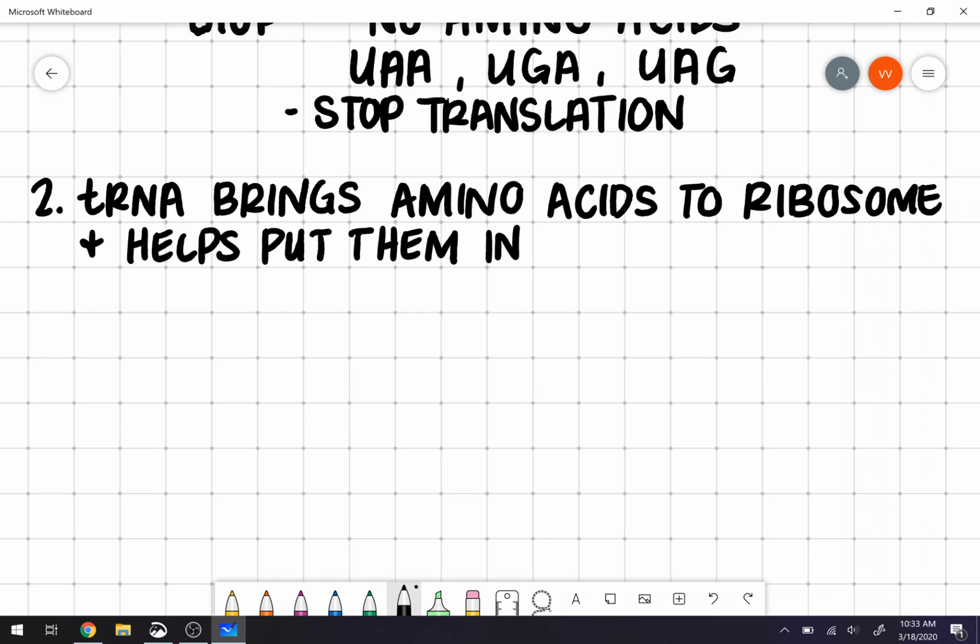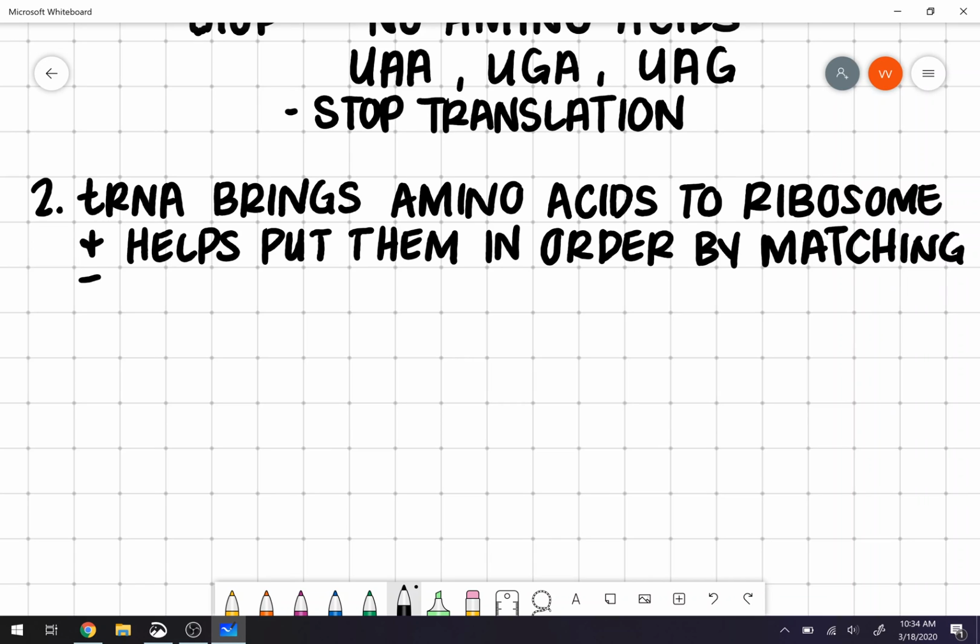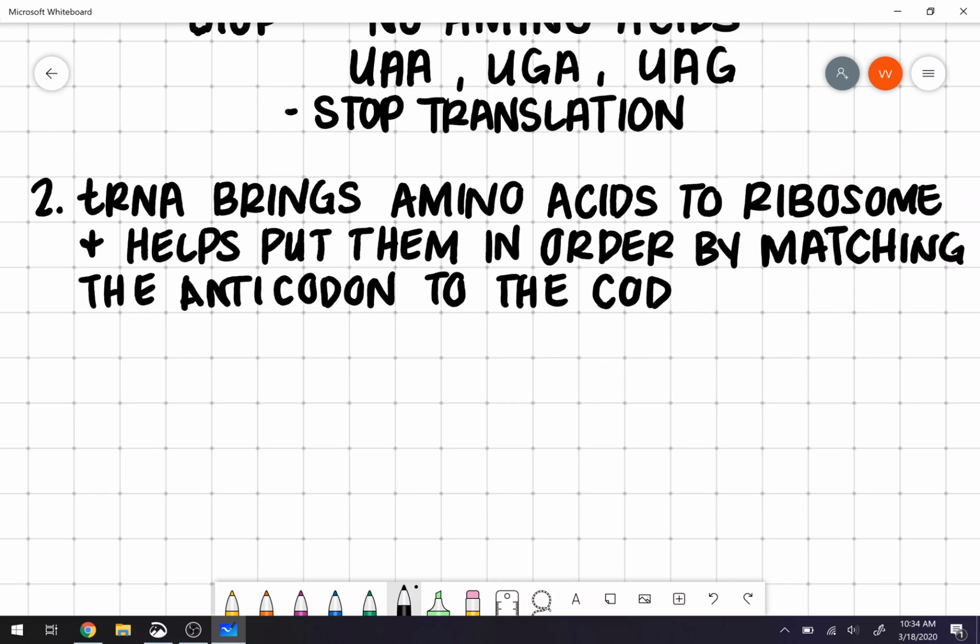It does this by matching up a section of the transfer RNA called the anticodon to the codon.